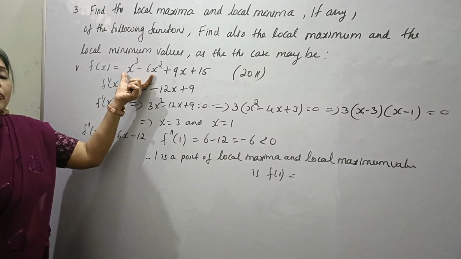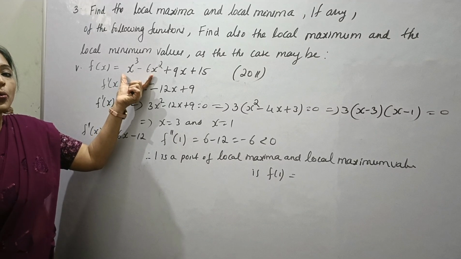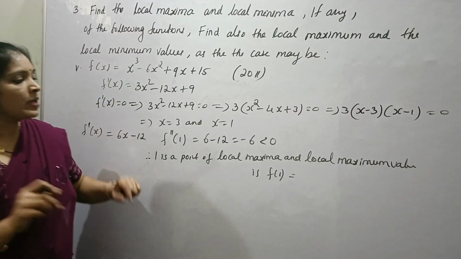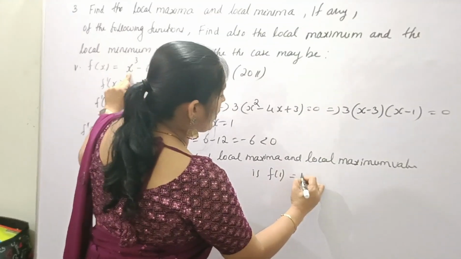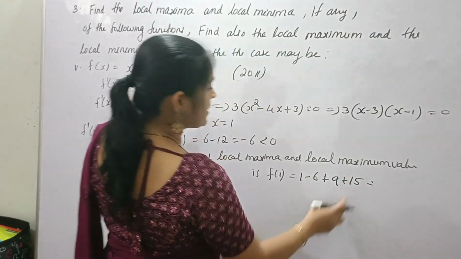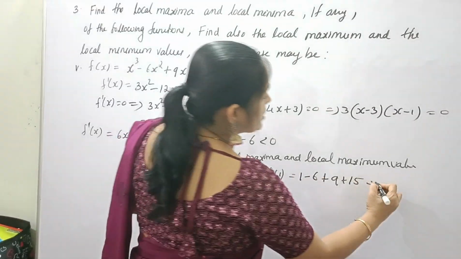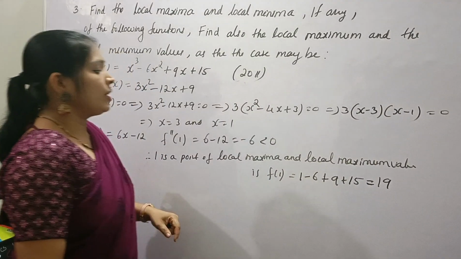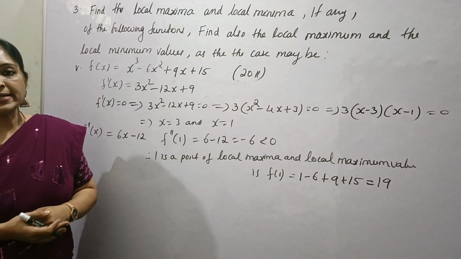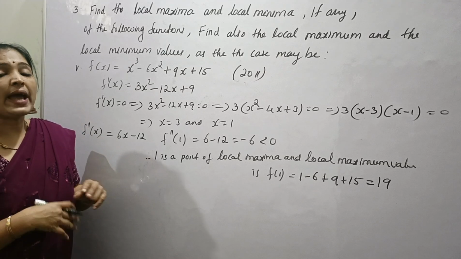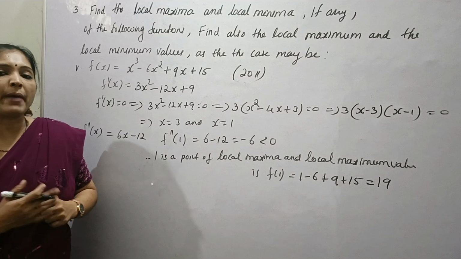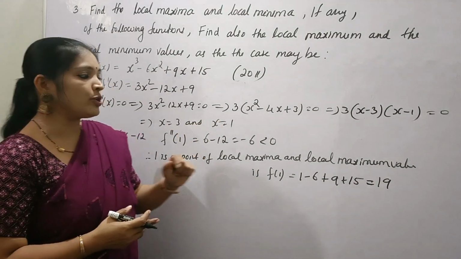To find the maximum value or minimum value, you have to put the corresponding critical values in f of x. Okay, so here f of 1, that is 1 minus 6 plus 9 plus 15, that is 10, 4, 19, right? 19. So here local maximum value is 19, okay, and this function has a local maximum at x is equal to 1. That means 1 is a point of local maxima and the local maximum value is 19.